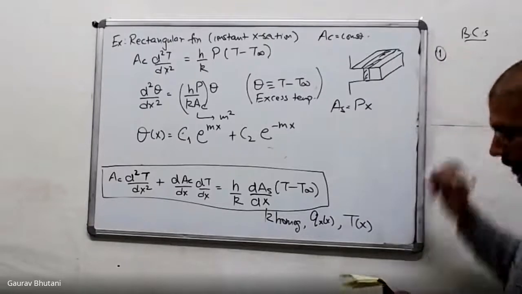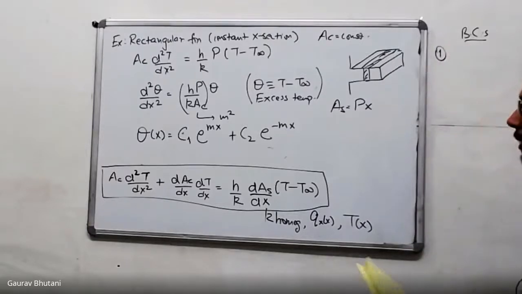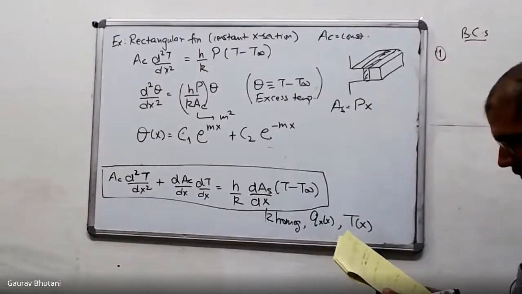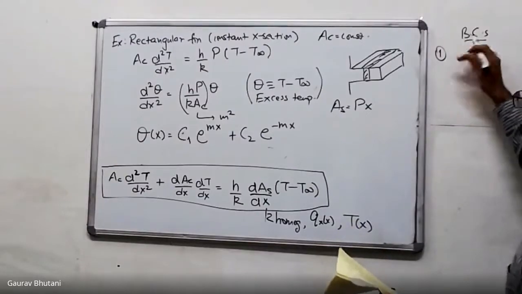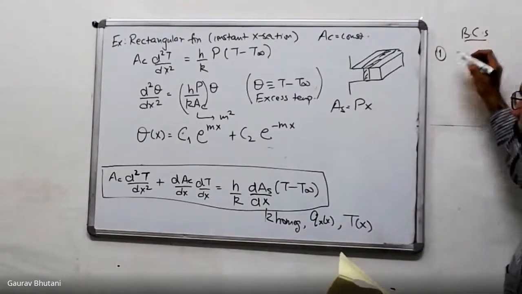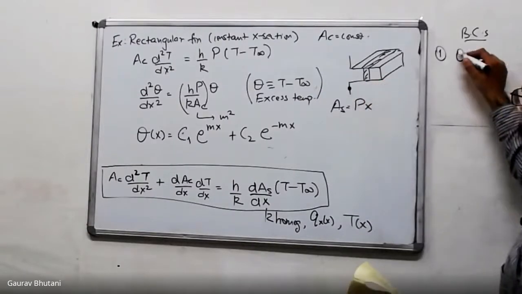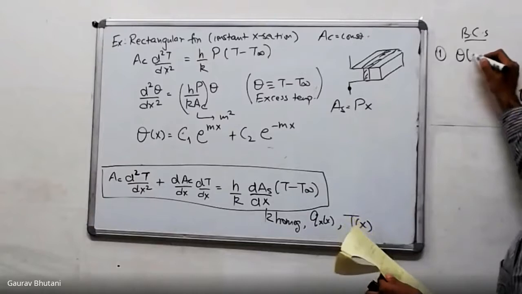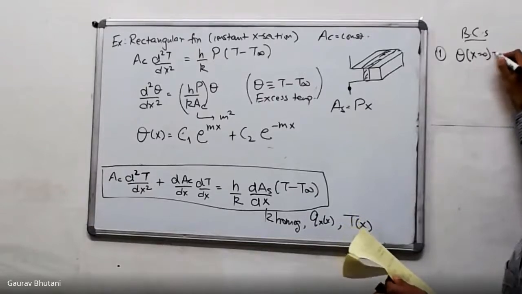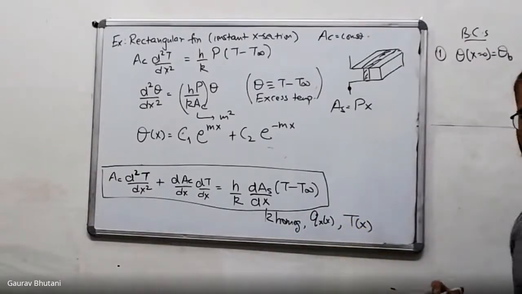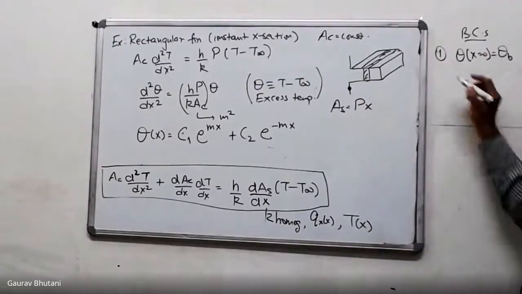The first boundary condition that you will have is that the temperature of the base is given. So we call it theta at x equal to 0 is theta base. Theta b stands for theta base.